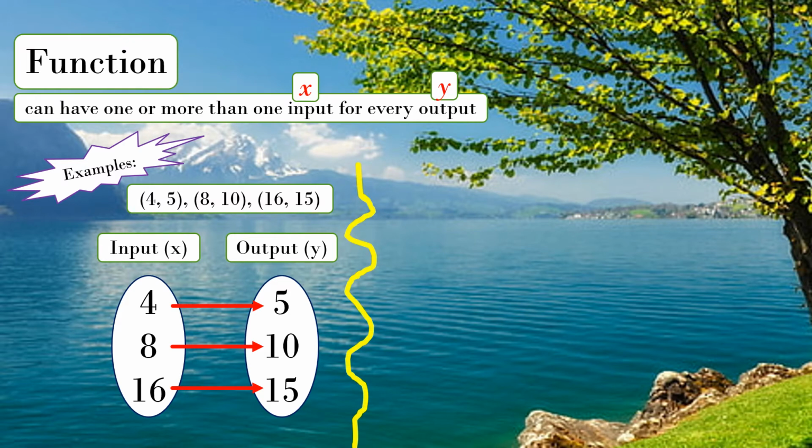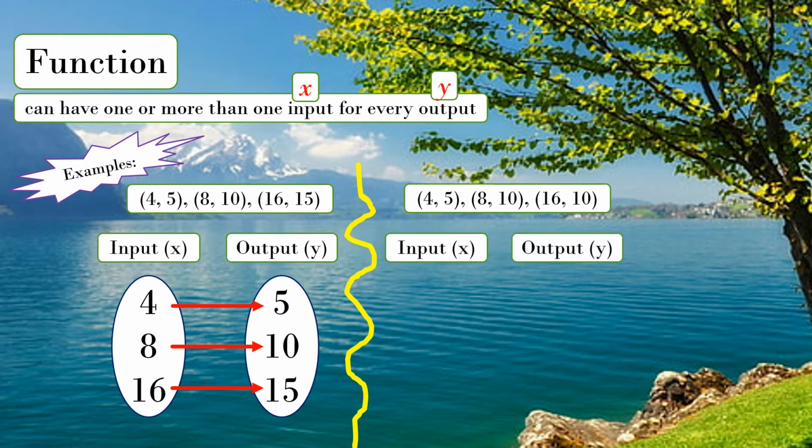A set of ordered pairs. There. 4 and 5, 8 and 10, 16 and 10. Separate input from the output. The values of inputs are 4, 8, and 16.